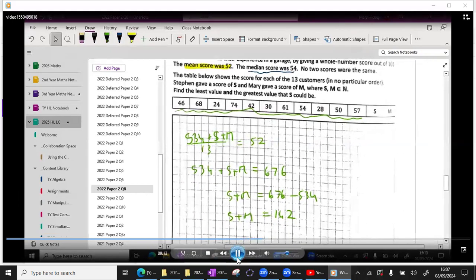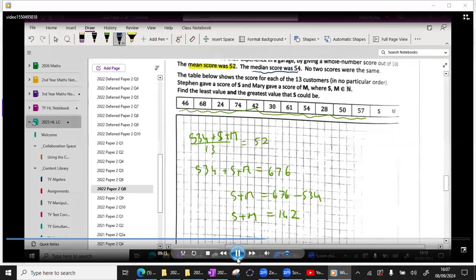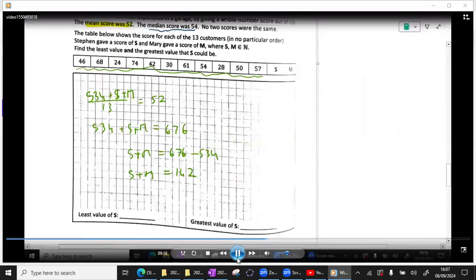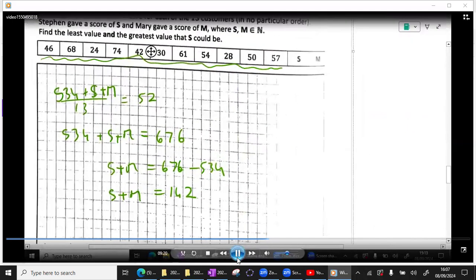So now I'm going to turn my attention to the median. Now the median means they have to be in order. They're not in order in the table. So what I think I'm going to do is go through them and write them in order. So I'm going to start by looking for my lowest number. I think that is 24.